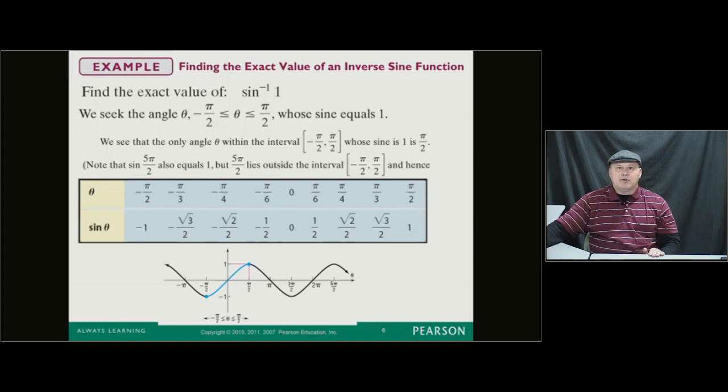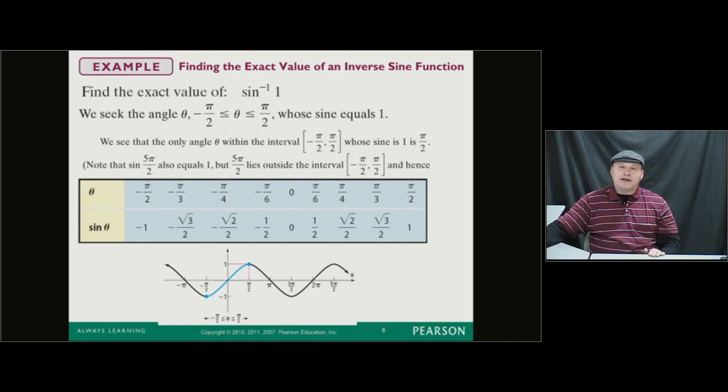It's only that blue interval on the graph where it's 1 to 1. So when you're taking a sine inverse of a ratio, you're only allowed an angle between negative pi over 2 and positive pi over 2, over that interval that's in the blue. That's the only one you can use because that is where it's 1 to 1.